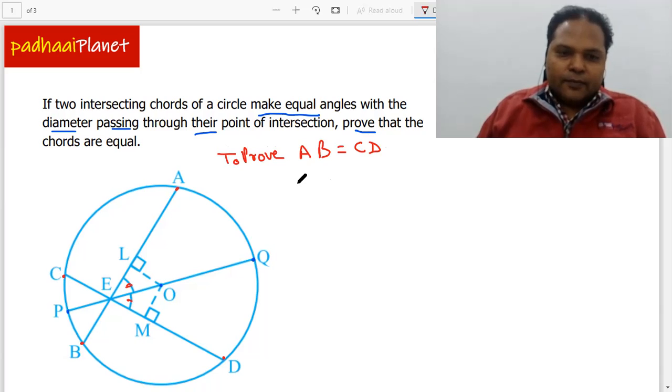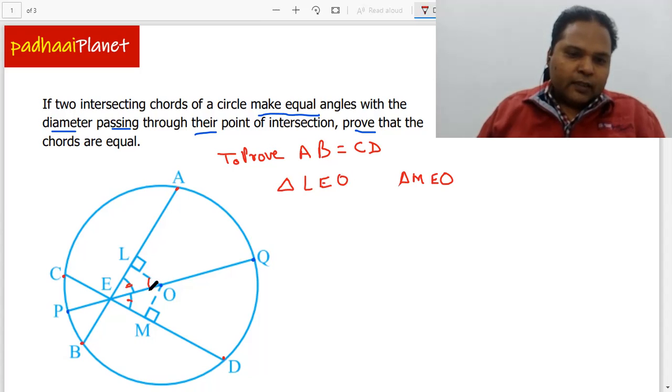So now we'll consider these two triangles separately. Like we have triangle LEO, and then we also have triangle MEO. Now in these two triangles, let's try and find out the value of this angle and also this angle. First, angle LOE.